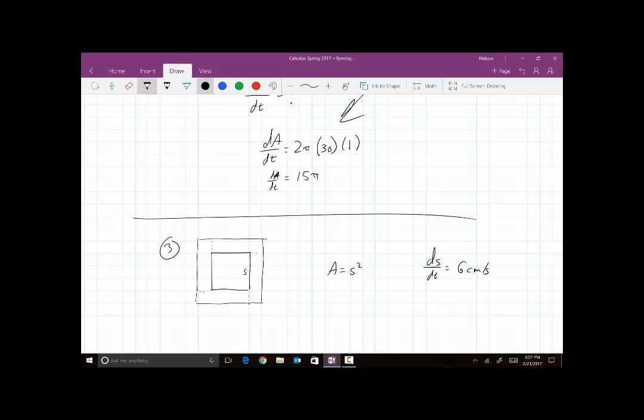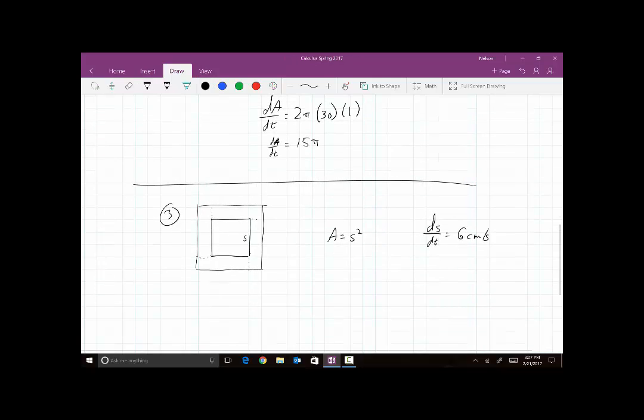Then it asks at what rate is the area of the square increasing when the area is 16 square centimeters. So we're going to take the derivative with respect to time. We get dA/dt is equal to 2s times ds/dt.